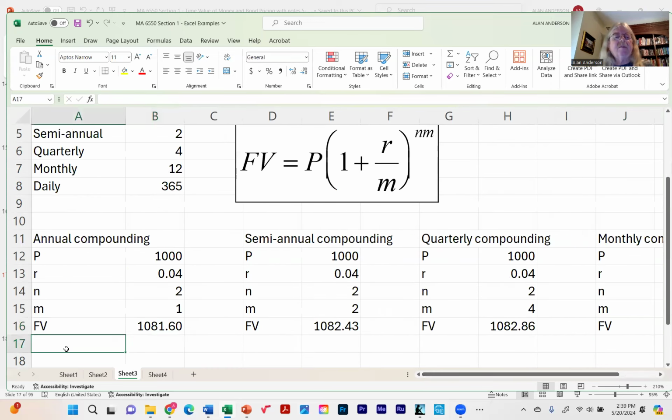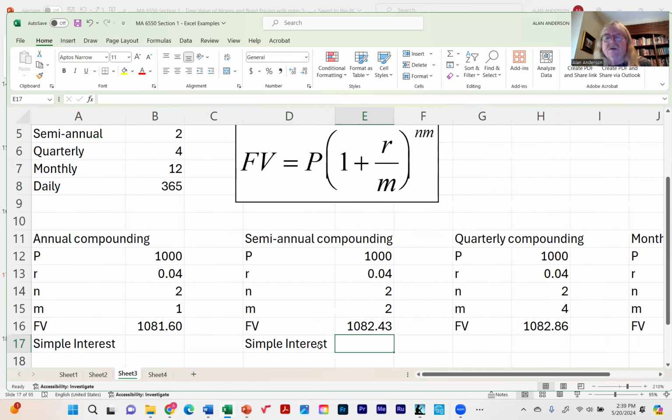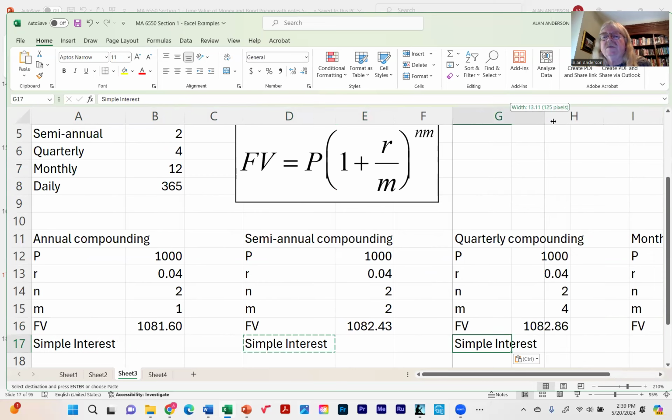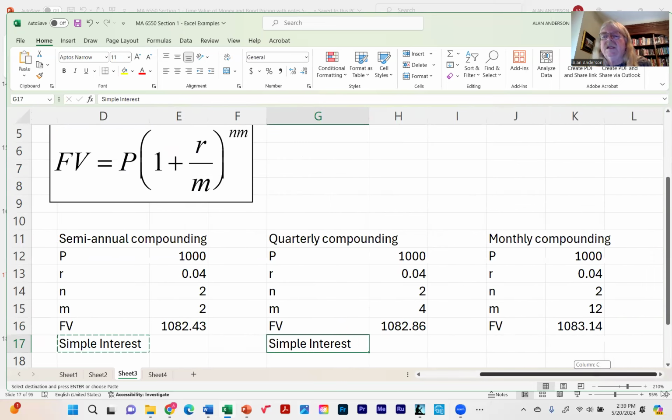Now, if you break it up into simple and compound interest, what you'll notice is that the simple interest doesn't change. The simple interest is completely independent of the compounding frequency. It depends only on time and the interest rate.